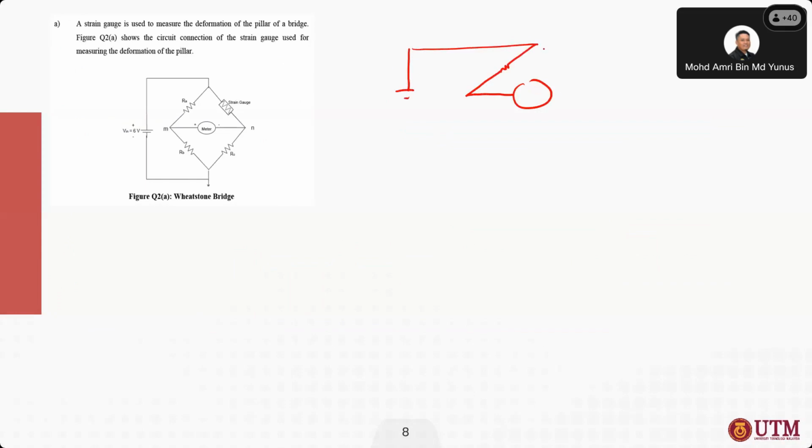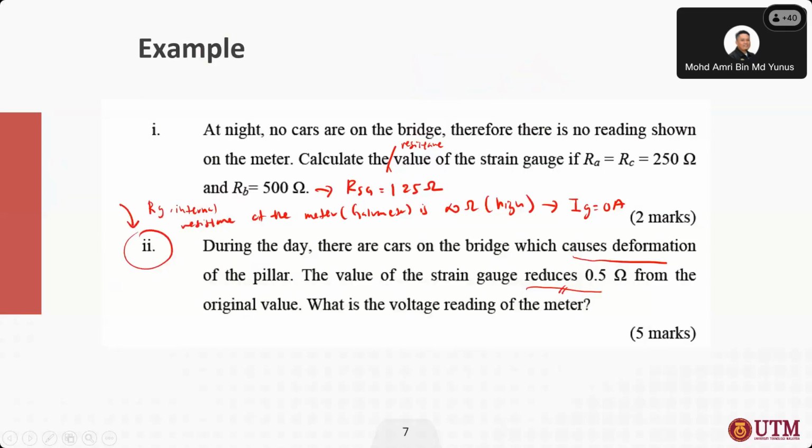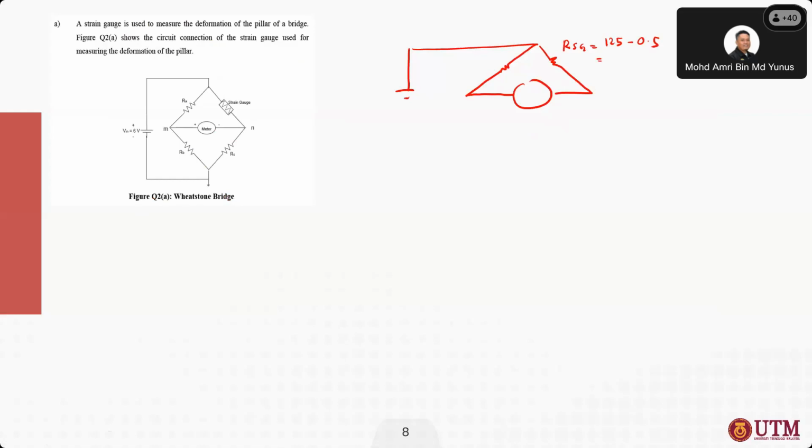So we have our meter here, and we know that RSG is equivalent to 125 minus 0.5, which is 124.5.